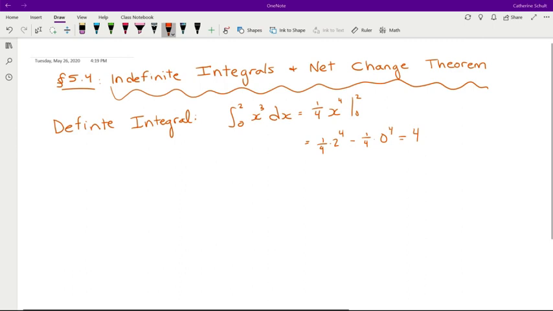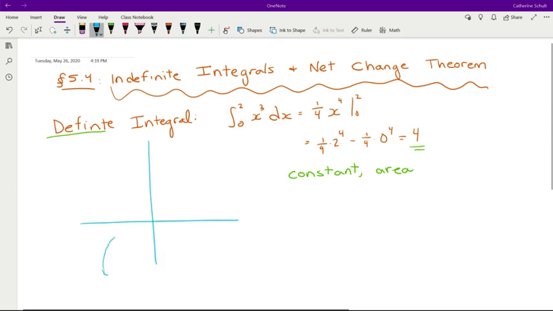So the definite integral is a number, right? It's a constant. And it represents a lot of things, but the most basic thing it represents is an area: the area under the curve x cubed from 0 to 2. We can do a very basic sketch.